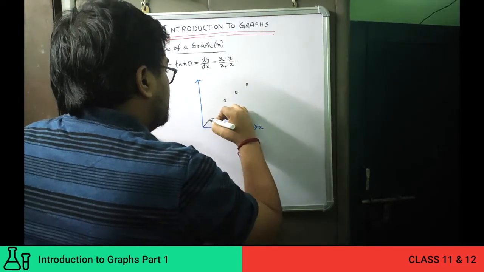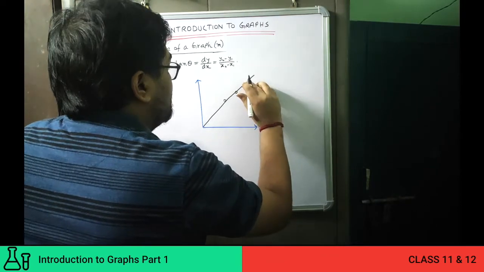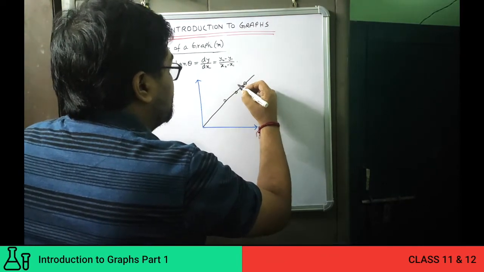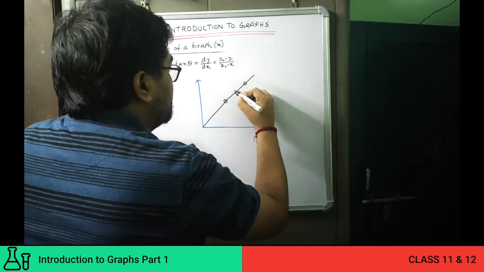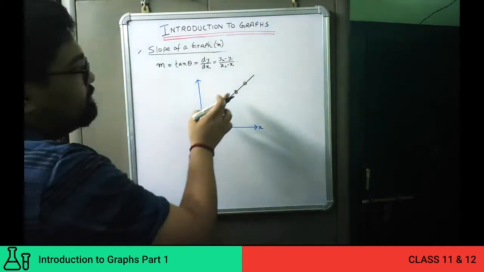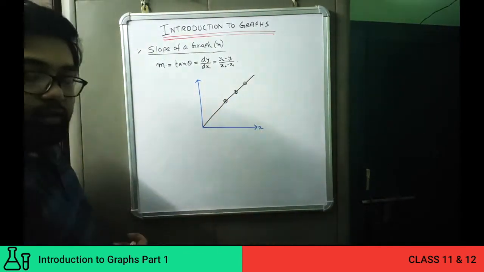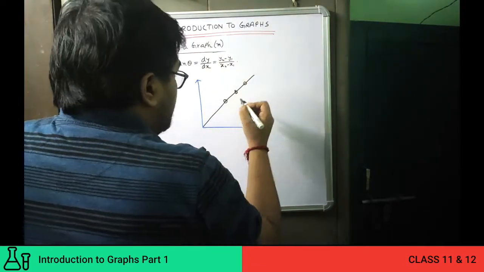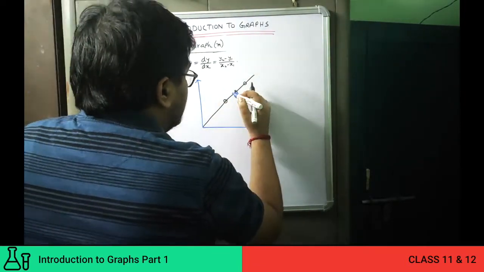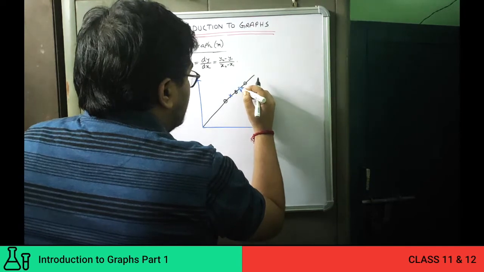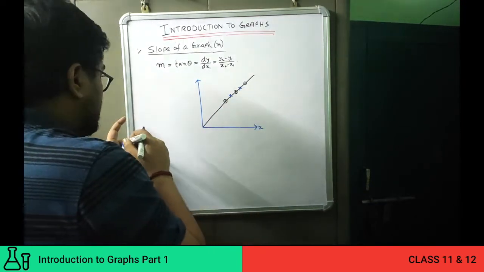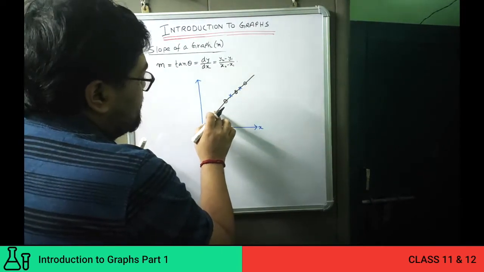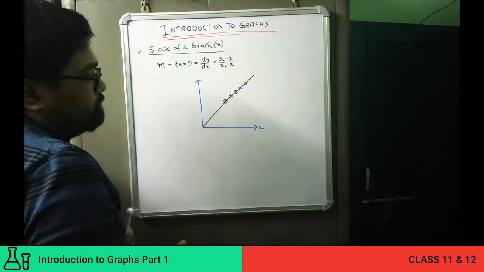What you do is you just join the 3 points via a straight line. Now what we will do is take 2 points on this straight line. This can be anywhere. You can take this in this region also.